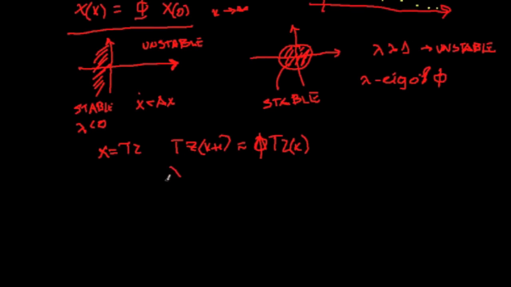We multiply this with T inverse, and we obtain that this new system becomes z(k+1) equals T inverse phi T z(k), while z(0) is T inverse x(0).